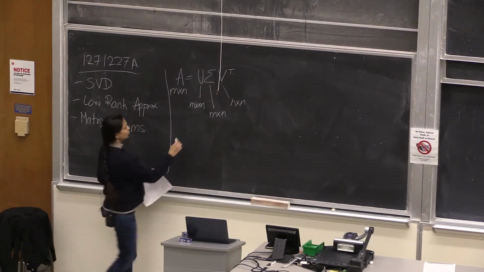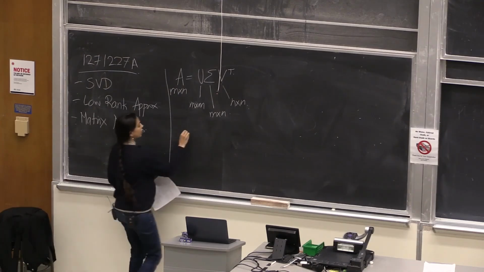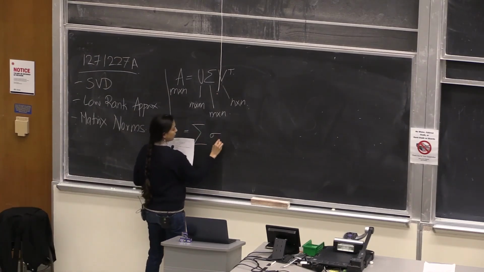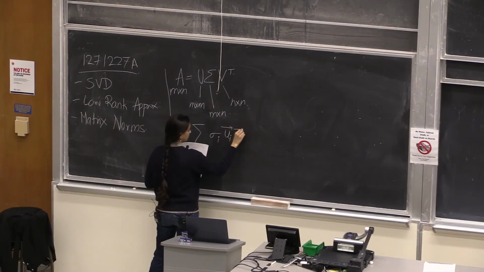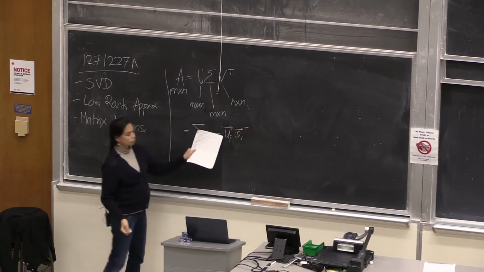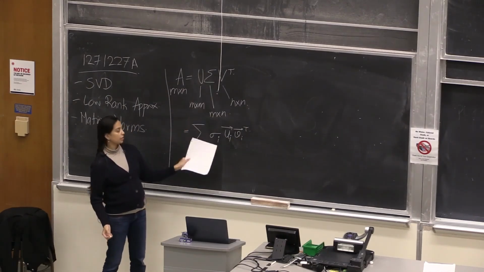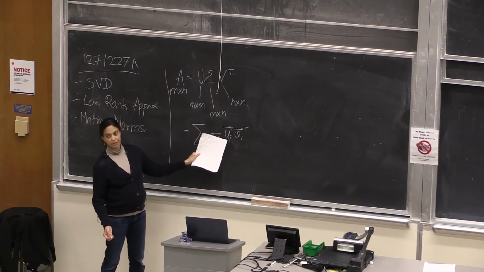There's another way in which you can write the SVD, and you can write it basically as a sum of sigma i u i v i transpose. The u i are the columns of U, the v i are the columns of V. I always write v's with this little circle here and u's with this little tail here, right?